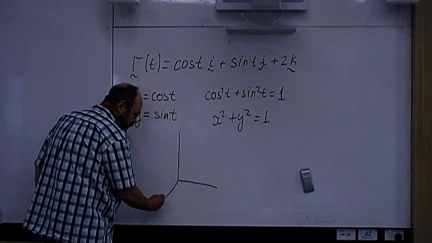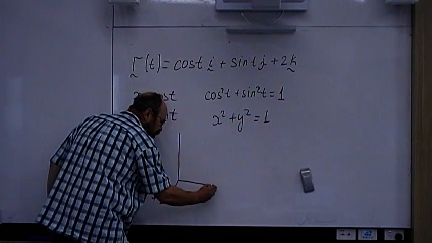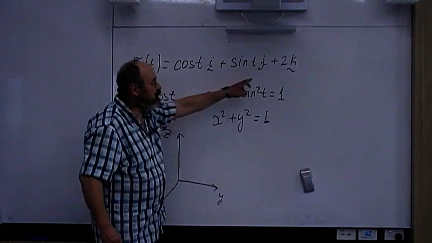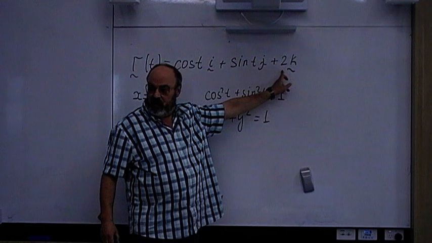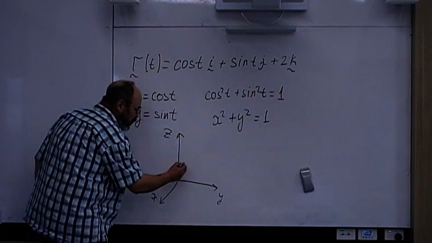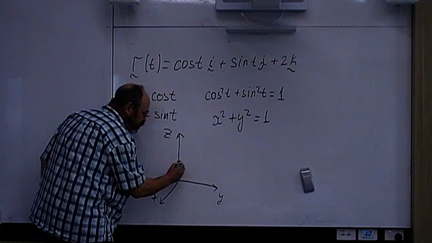And where will this circle be if you draw x, y and z coordinates? All the time the z coordinate of the particle is 2. So this circle with radius 1 will be at height 2.